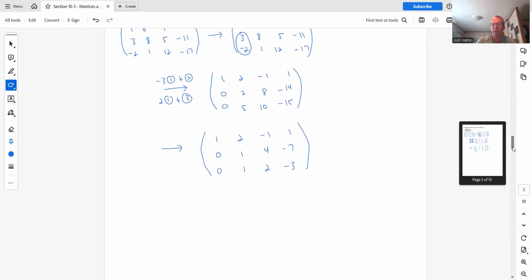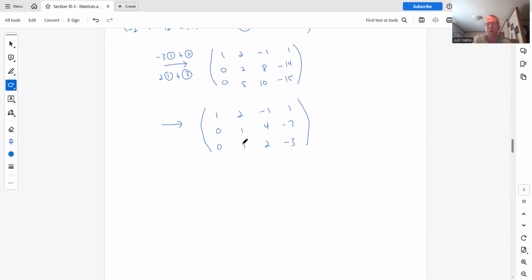Now on that third row, we want to get a 0 here. We can add or subtract 2 minus 3 or 3 minus 2. It doesn't really matter. So let's do 2 minus 3, and that will be our new row 3. We're going to leave the first two rows alone, and then we have 0 minus 0, 1 minus 1, 4 minus 2, and -7 minus -3, which will give us -4.